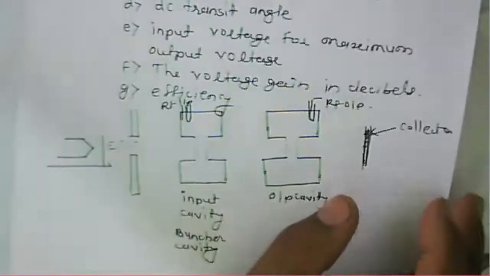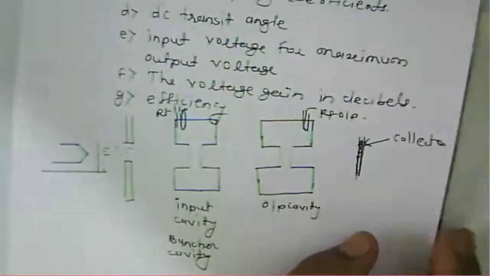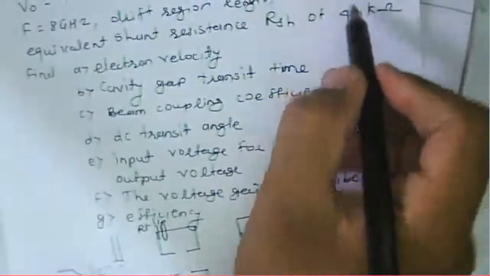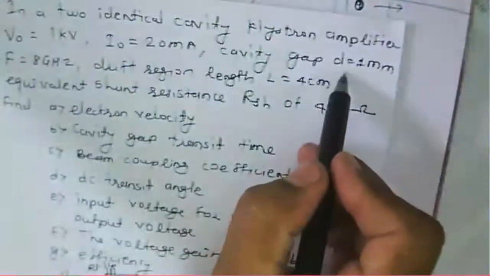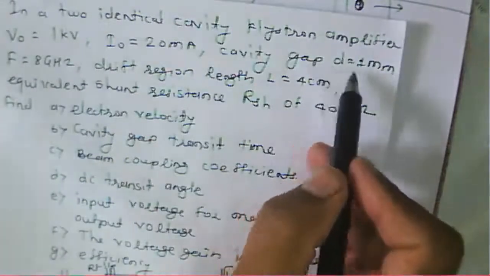Now if you see a two cavity Klystron, the cavity gap is d equal to 1 mm. Cavity gap is called d, equal to 1 mm.